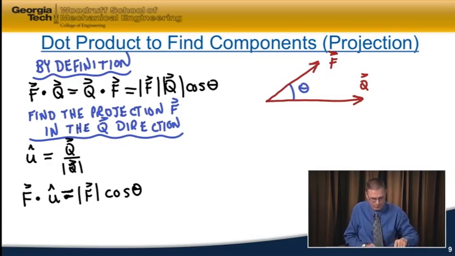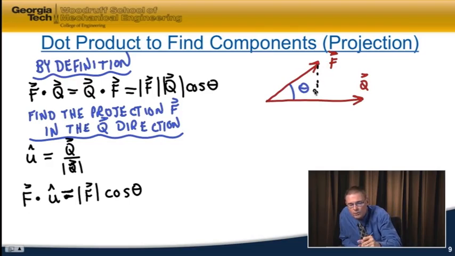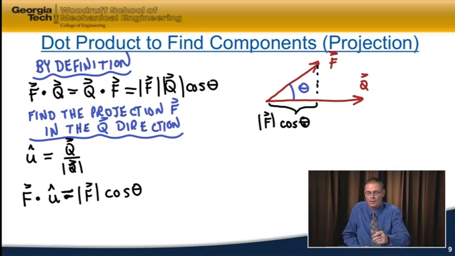So that's the projection of F in the Q direction. And so that's this distance here. Magnitude of F cosine of theta. And that's where we'll finish up for today's module. Thanks.